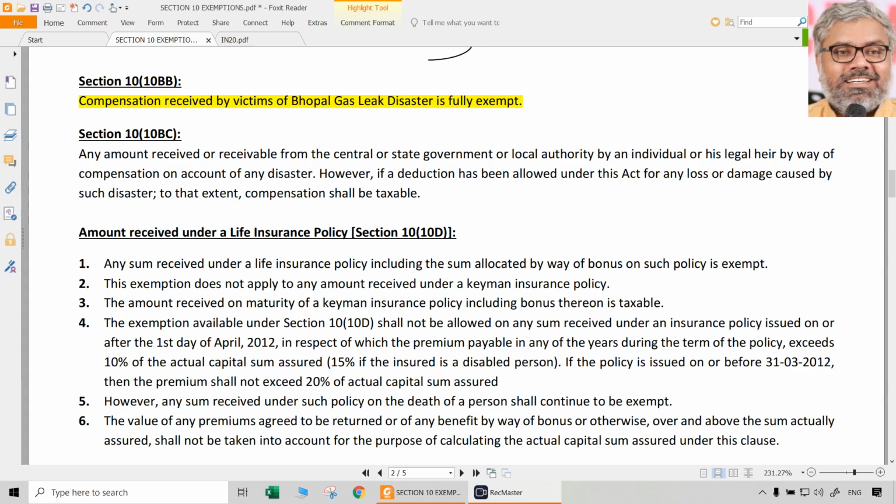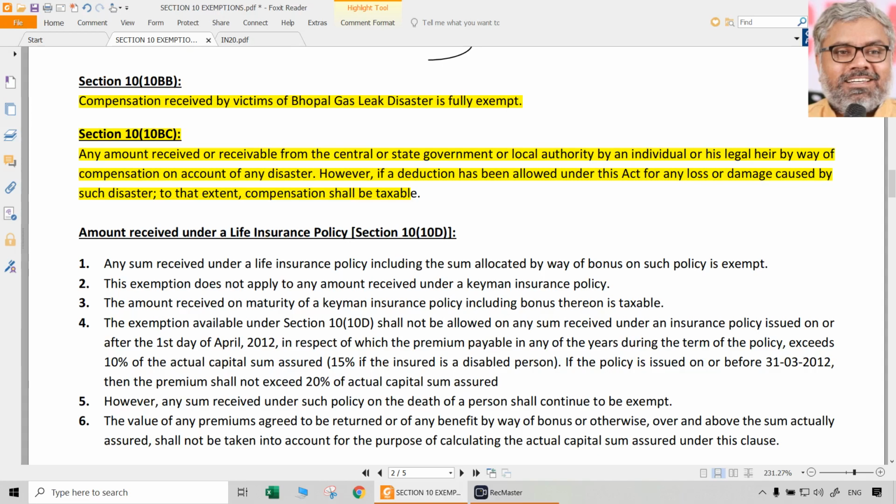So that is 10(10BC): any amount received or receivable from the central government or state government or local authority by an individual or his legal heir by way of compensation on account of any disaster. A lot of times we see accidents happen, fire accidents, industrial accidents, natural calamities. Government declares compensation.